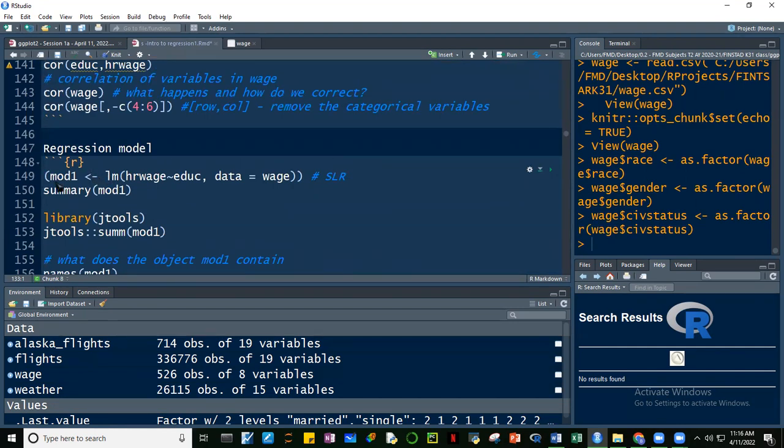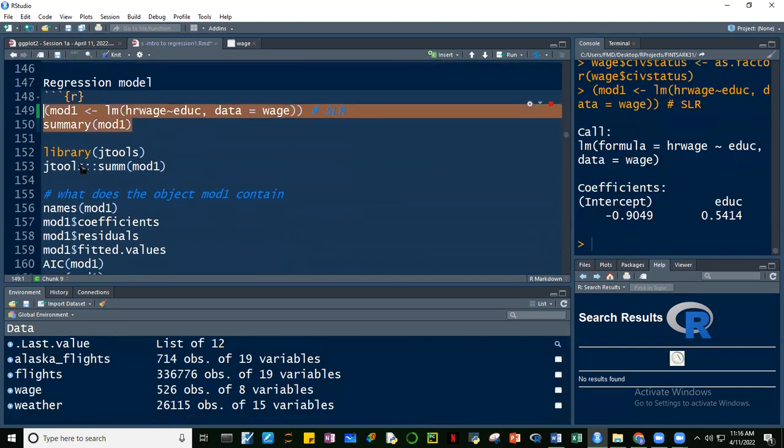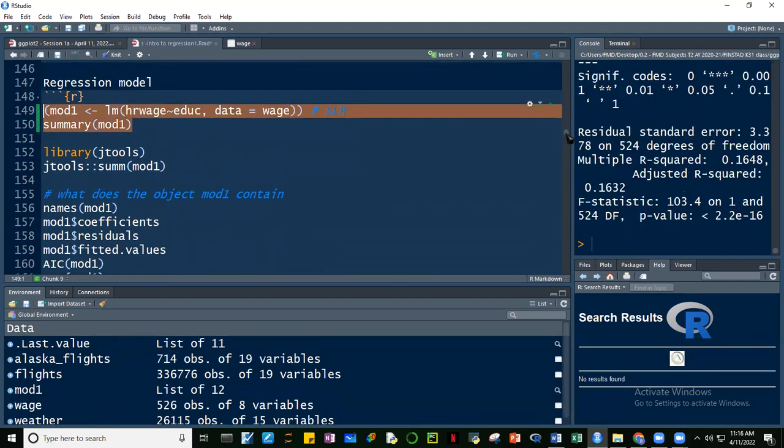Okay, all right. So let's have a quick review of our first model. Our first model, guys, we named it mod 1. We use the lm function, a linear model. And how do we go about it? We identify our outcome variable, and then tilde, you have your predictor, education, and then you define the variables that we're using. When we run this, guys, it will generate the summary.